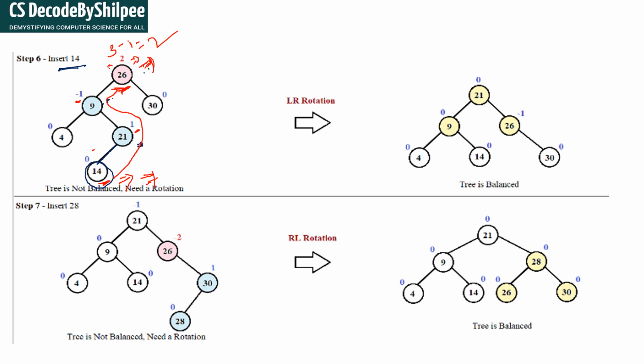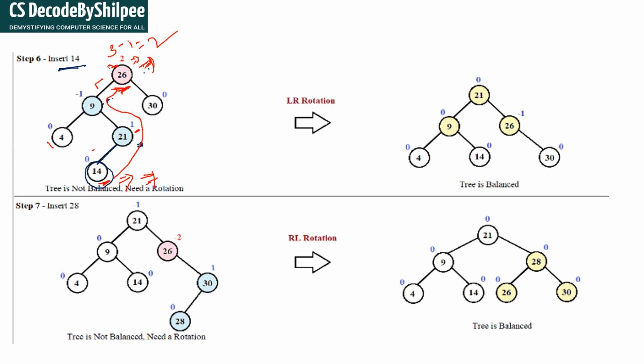You start checking from the node where the violation occurs. So you start from 26. Now you will check that here is LL. But one more thing: don't go to this 4. Don't say that this is the LL. No, not at all. Why so?